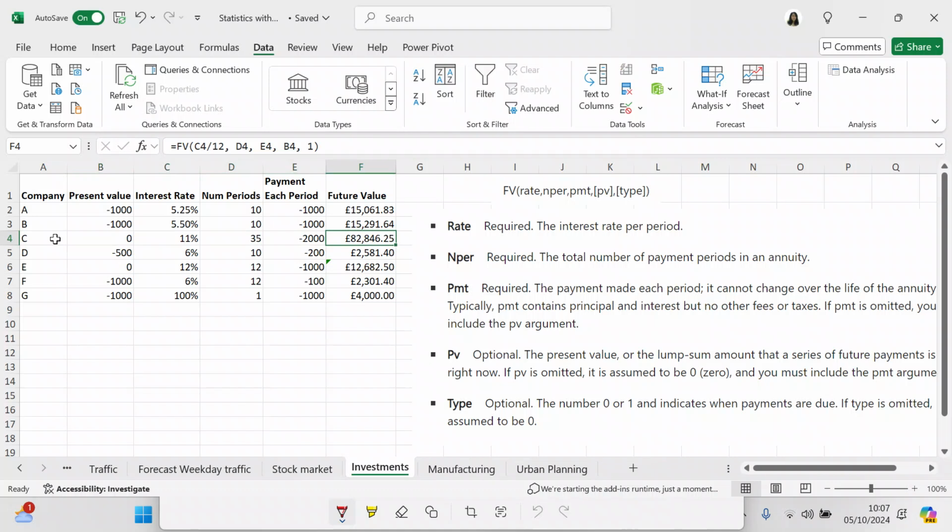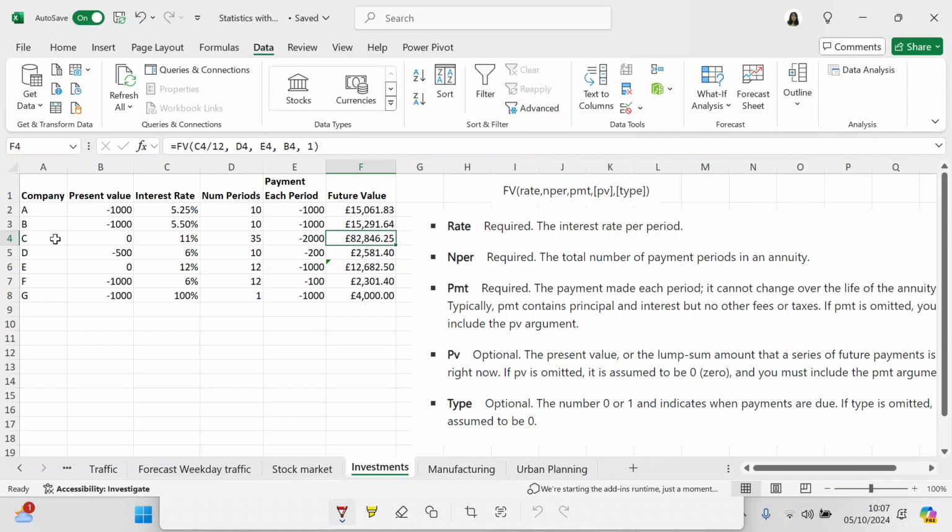And so basically this one is really going to be for 3 years, because the interest rate is going to be 11 divided by 12, which is going to be less than 1% each month. So rather than making one payment every year, you're going to be making one payment every month for 35 payments. So that's close to 3 years.